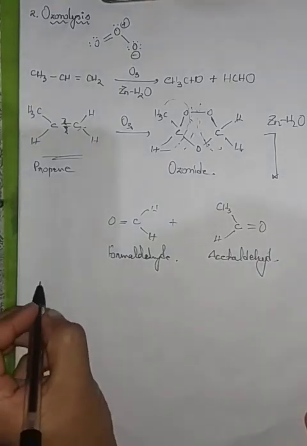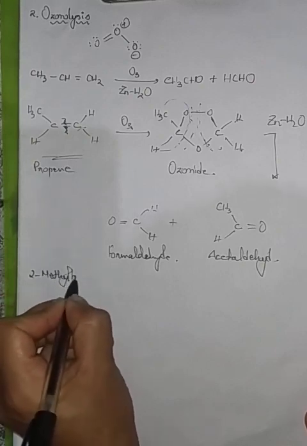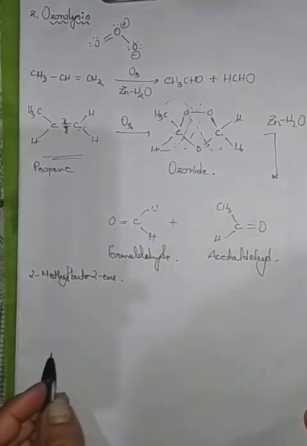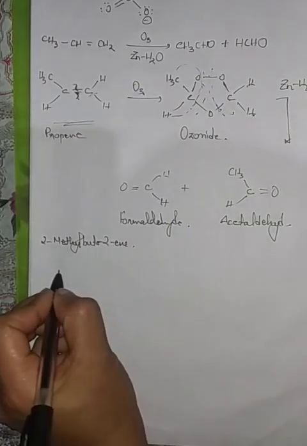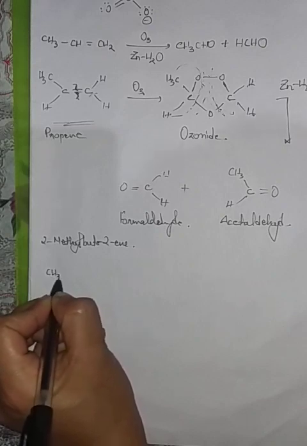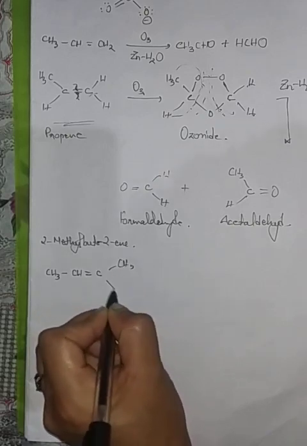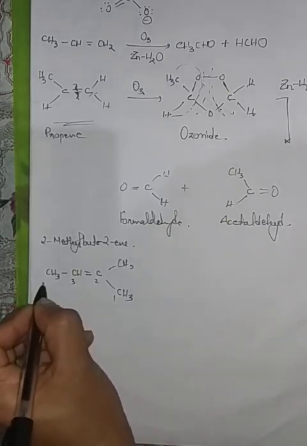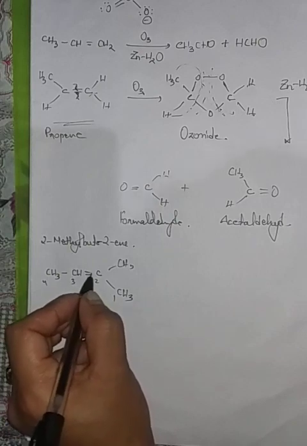Now what happens when 2-methyl-butene undergoes the ozonolysis reaction? What is 2-methyl-butene? Let's write the formula for 2-methyl-butene: CH3, CH double bond C. There are 1, 2, 3, and 4 carbon atoms, therefore butene, with an unsaturated double bond.